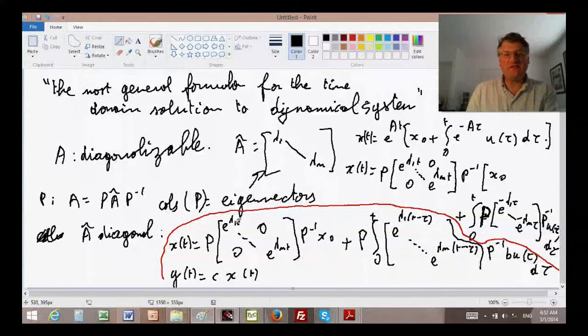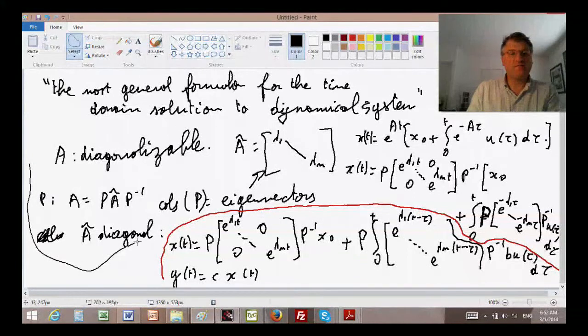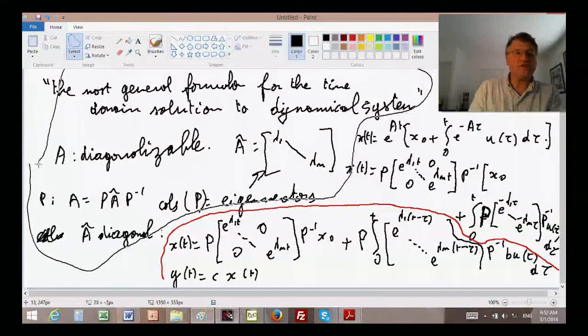The worst you're going to see is exponentials in front of x0 and integrals of exponentials times u there. For example, if u happens to be an impulse, the expression you will get is something like this.